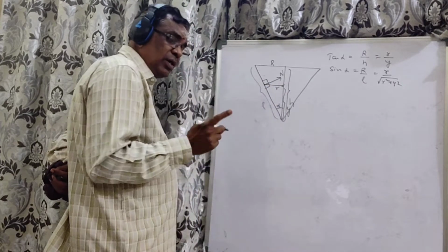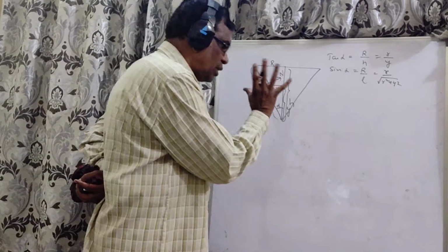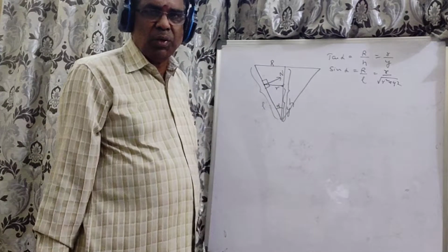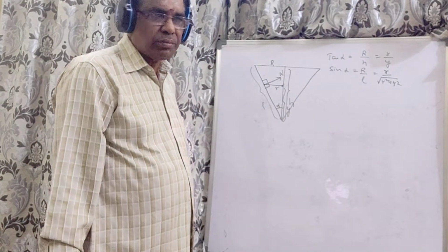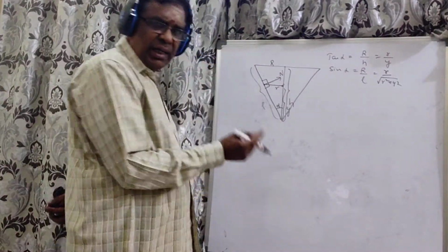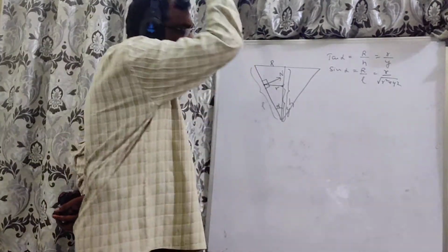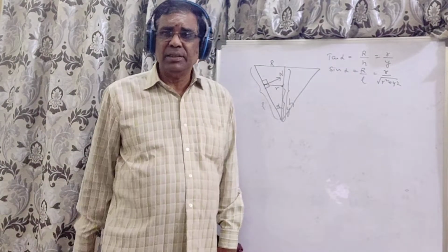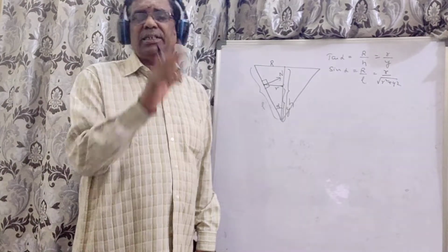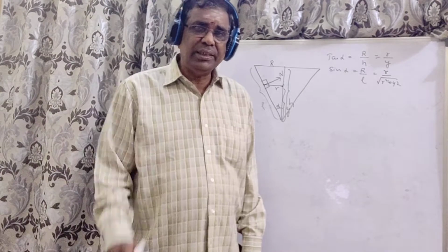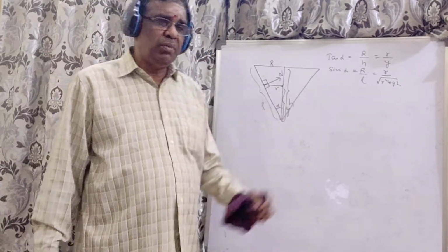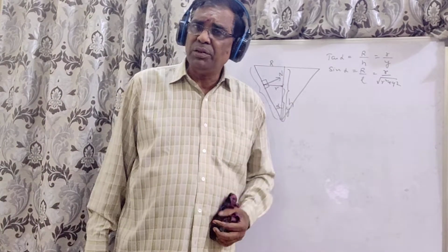Now here, we already discussed, if it rotates slowly, there is a tendency for the body to move down. If you rotate it very fast, there is a tendency for the body to slip up. Now there are two possibilities. When the surface is inclined, it is always dangerous, remember. Is it talking of minimum? Is it talking of maximum? You have to see.